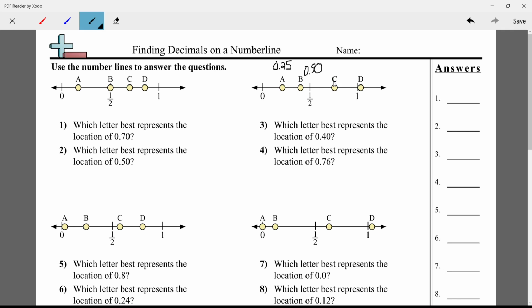And C, right here, is about halfway between them. And we said that halfway between them would be 75/100ths. So this is the only one that would make sense, and it looks to be right in the right spot, about halfway between 1/2 and 1.